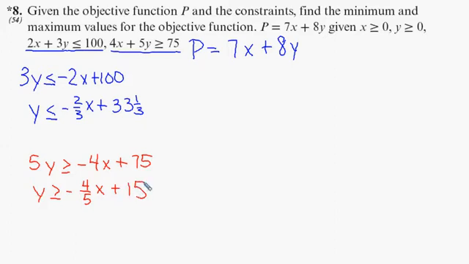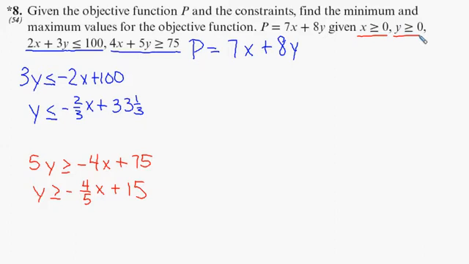Thank you very much. And so now we have our two equations. We've got x is greater than or equal to 0, y is greater than or equal to 0. So we're pretty much good to go, but we have to get a visual on this.